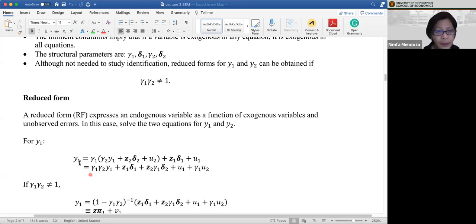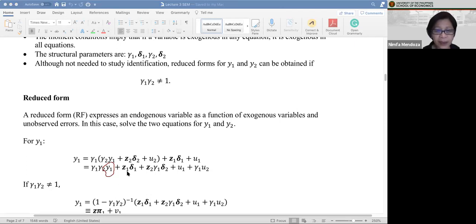Note that in this form, y sub 1, the endogenous variable, has a coefficient 1 on the left-hand side. On the right-hand side, it still appears here. You still have y sub 1 here.